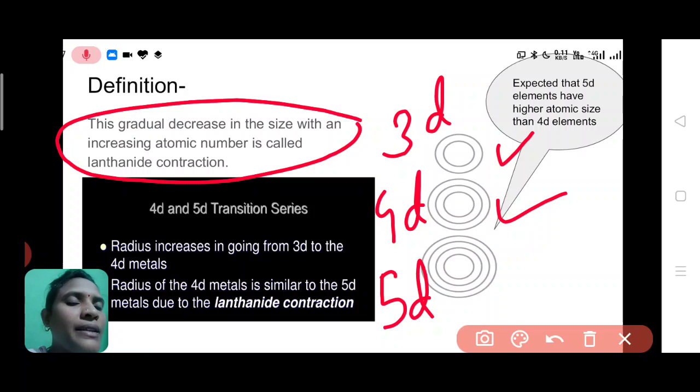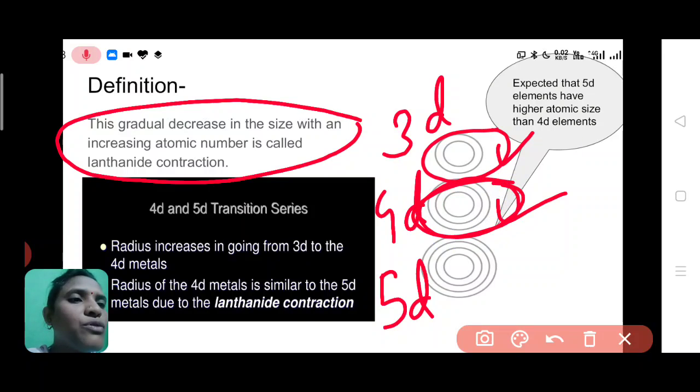So it is expected that 4D atom should have lesser atomic size than 5D. You have got it or not? First atom has smaller atomic size than second atom. Same way, second atom also should have smaller atomic size than third atom. But it is not so.